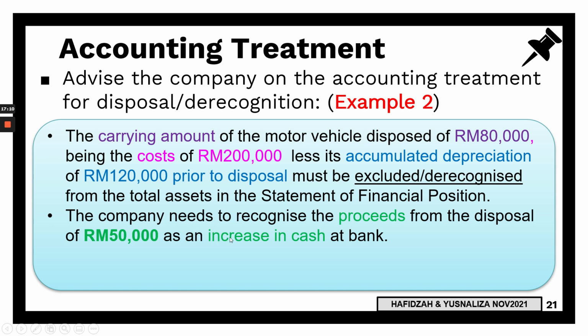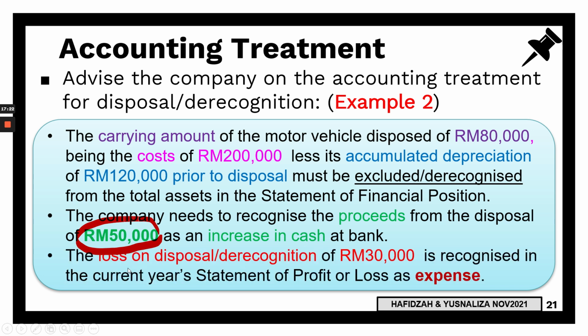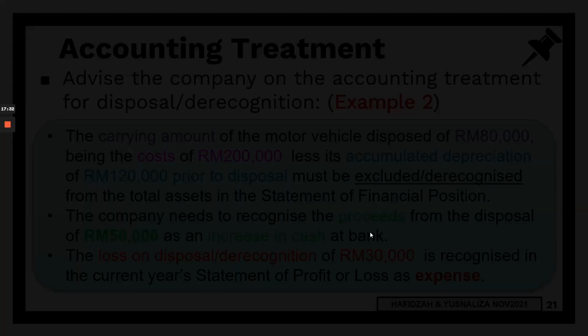The record that makes a difference is this amount, where you just replace the figure 90,000 with 50,000 as an increase in cash at bank, and now it is no longer a gain, so it is a loss. So a loss on disposal of 30,000 is recognized in the current year statement of profit or loss as an expense.